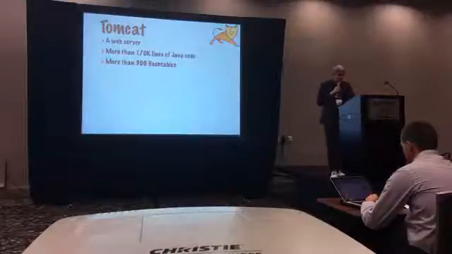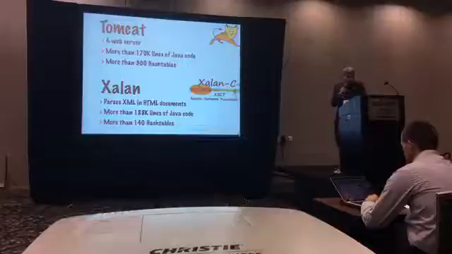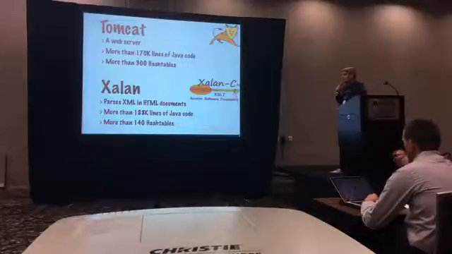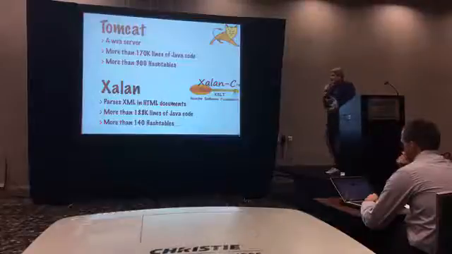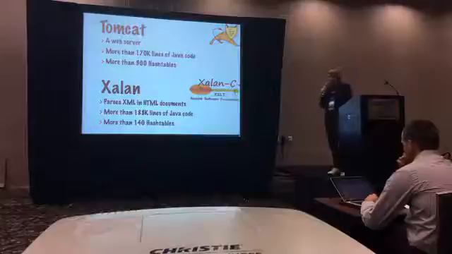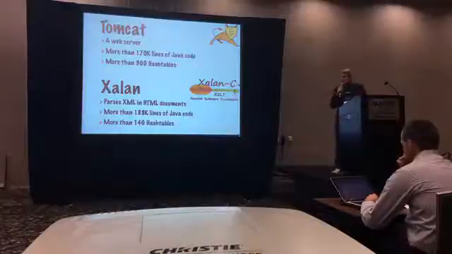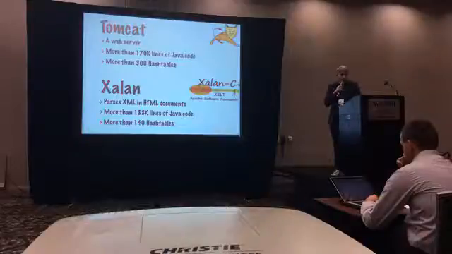And the second benchmark was Xalan. Xalan is a benchmark that parses XML documents into HTML documents, and it has more than 180,000 lines of Java code, and it has more than 140 hash tables.